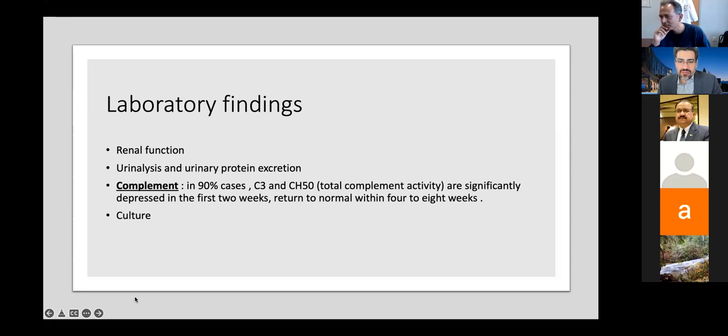The typical case presentation we have is somebody with already established endocarditis, now in acute renal failure, which is progressive. You see a rise in creatinine, volume retention, and prominent hematuria, and the proteinuria is subnephrotic, less than a gram: 200, 300, 500, up to a gram.